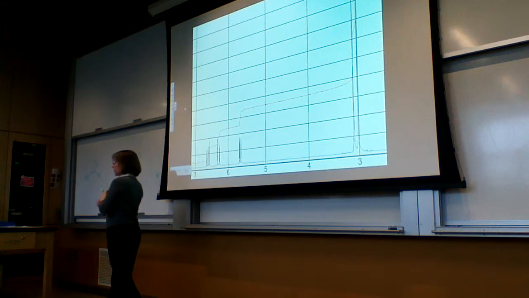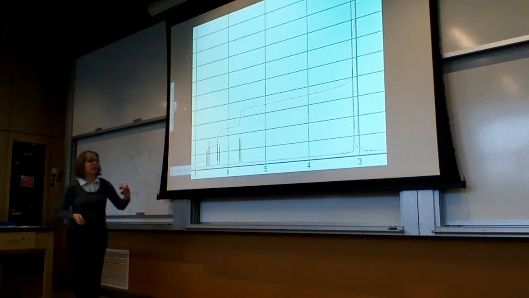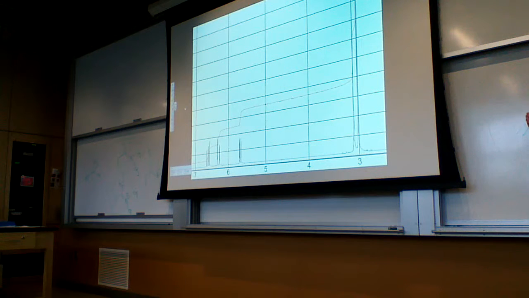If we were to heat this sample up and give it more energy, you actually see those two signals coalesce into a single signal. So if we were to run this at, say, 100 degrees in the NMR, we would see just one signal because we'd give it enough energy that it would be rotating around that bond. This is only for amides. We don't see this if we were to have an amine.